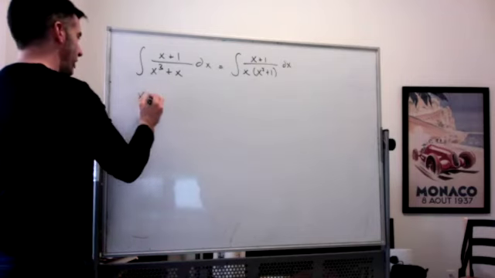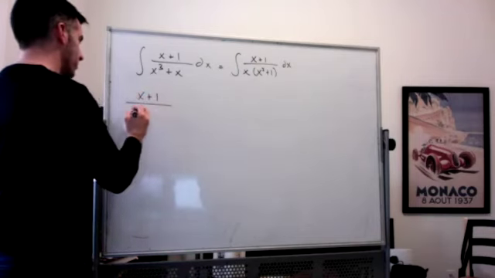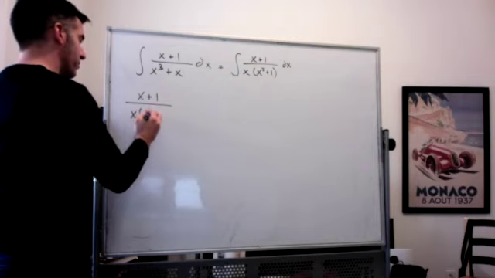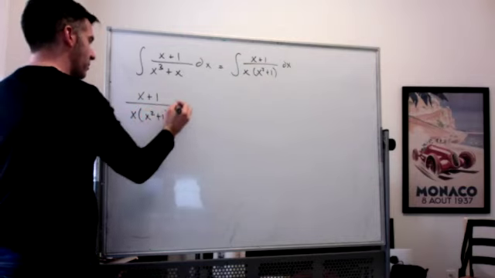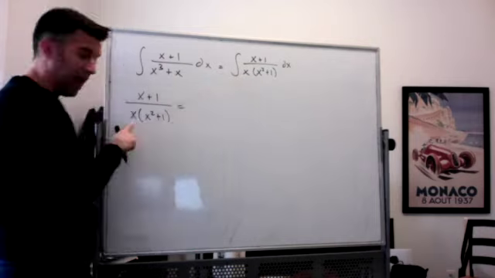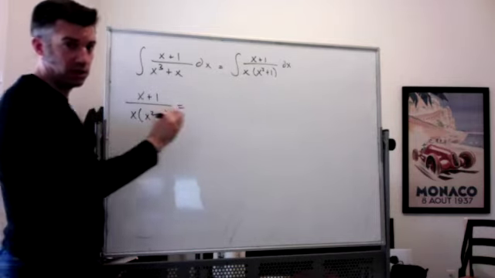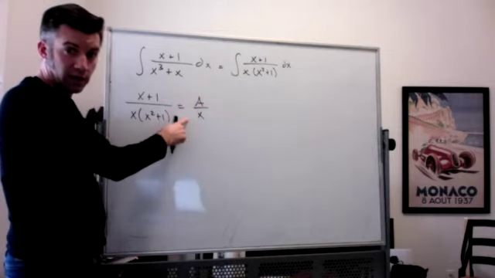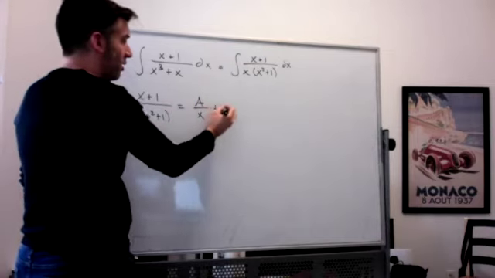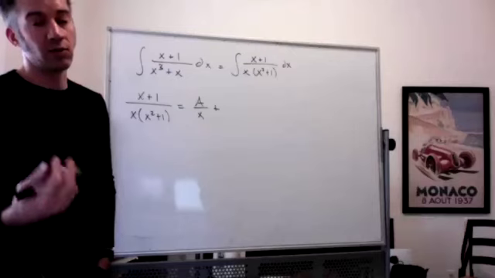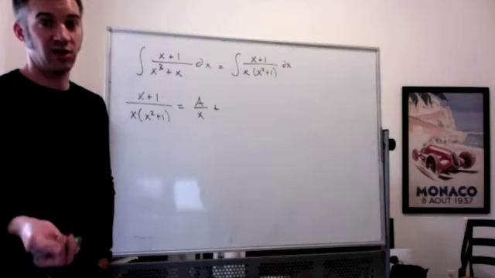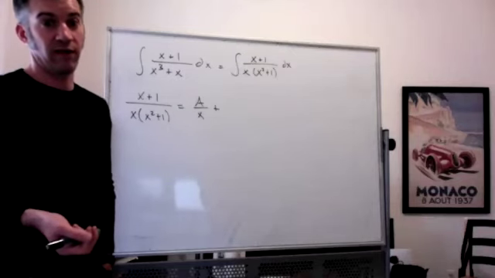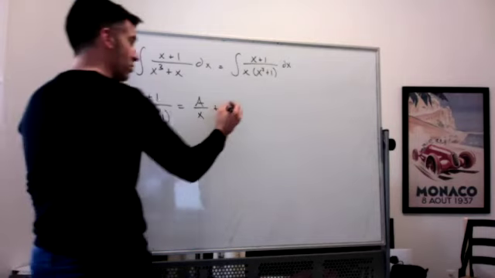To write the partial fraction decomposition, the linear factor x still gets treated normally. You get an a over x, a constant over a linear factor. But for an irreducible quadratic factor, you don't get a constant on top of it. You get a linear numerator.